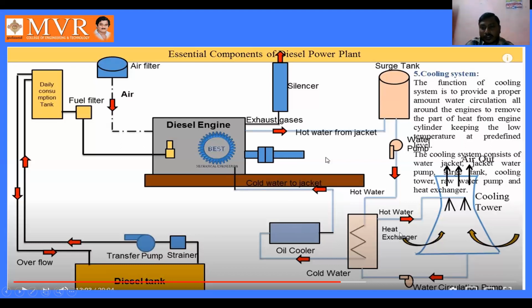This is known as the cooling tower which we are using for cooling purposes. See here, when the circulating pump gives cold water to this heat exchanger, it releases the hot water. It returns into the cooling tower, and the hot water enters the cooling tower.